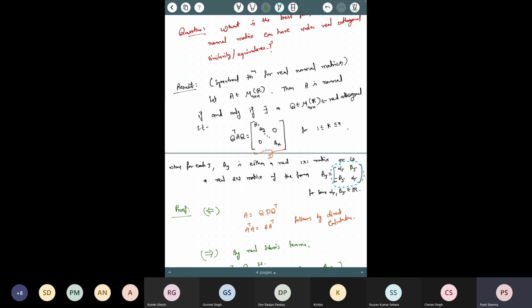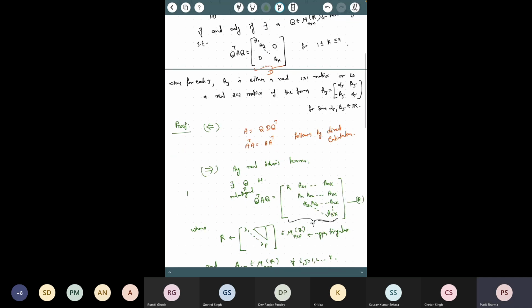Now using this, you can state the spectral theorem for several other matrices. So keep in mind this spectral theorem for real normal matrices, and tell me a statement for the following matrices.